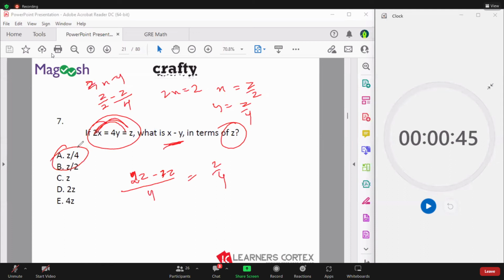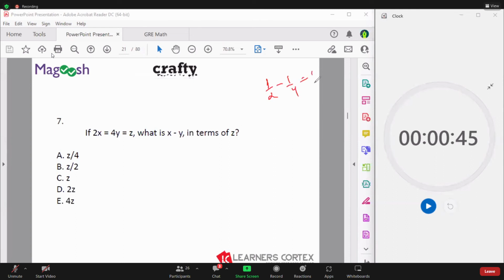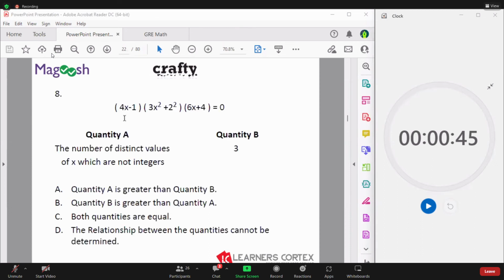So answer A. Or just remember that 1 by 2 of something minus 1 by 4 is basically 1 by 4.